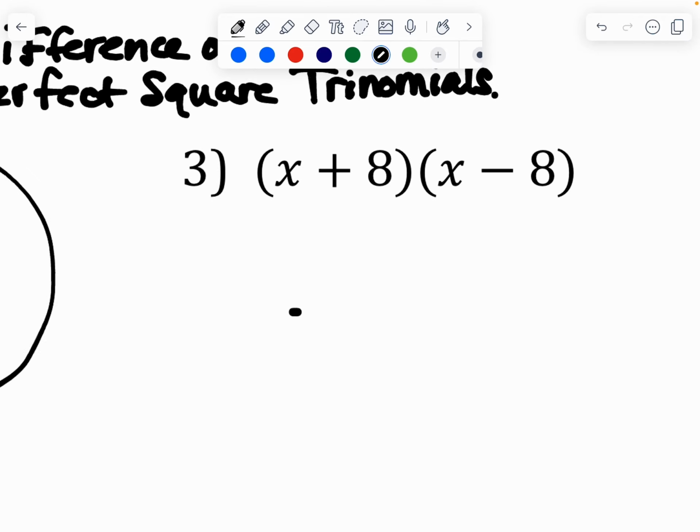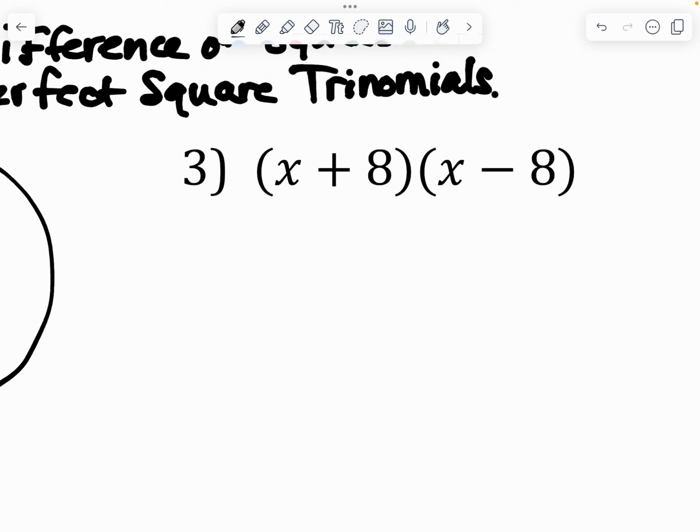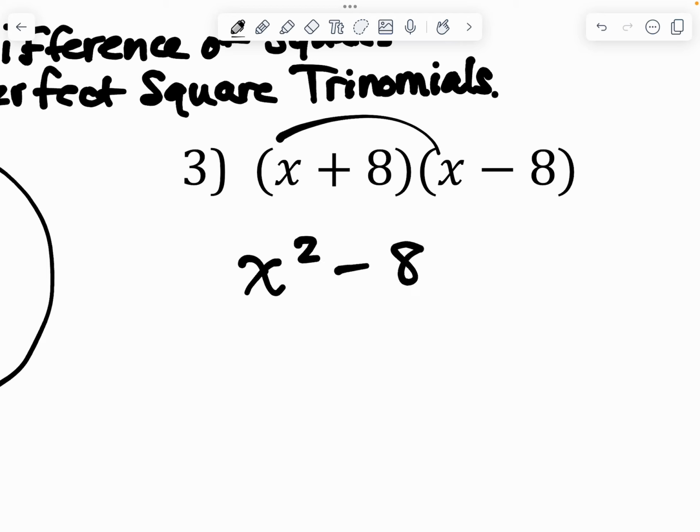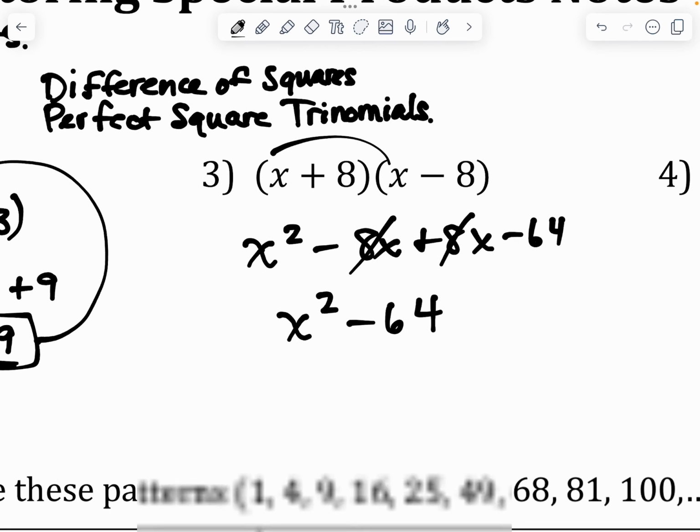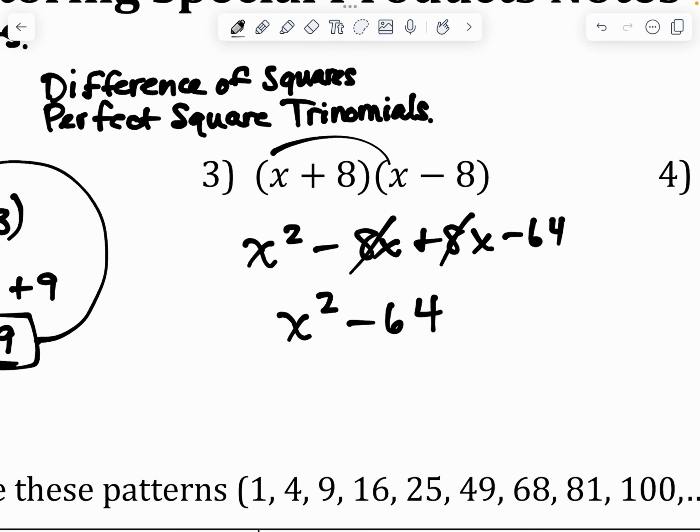All right, number 3, this one is a little bit different. Because remember, when we multiply these together, what happens to the middle terms? Those middle terms, we have x squared minus 8x plus 8x minus 64. Those middle terms cancel, leaving us with x squared minus 64. This is what we call the difference of two squares.